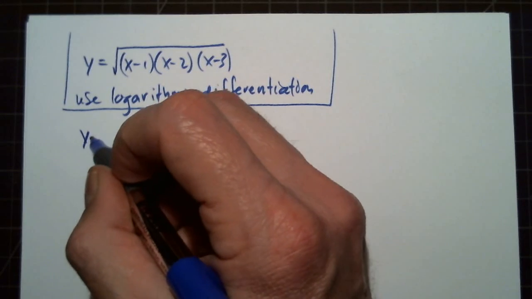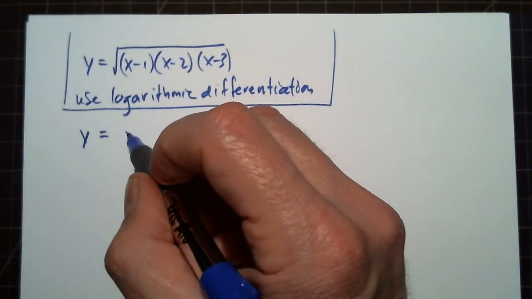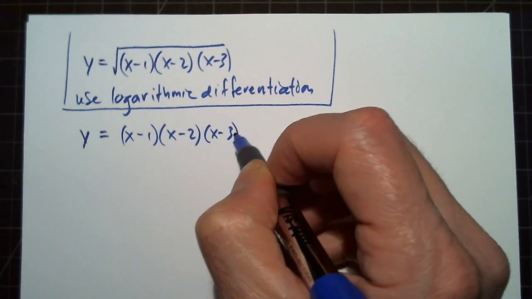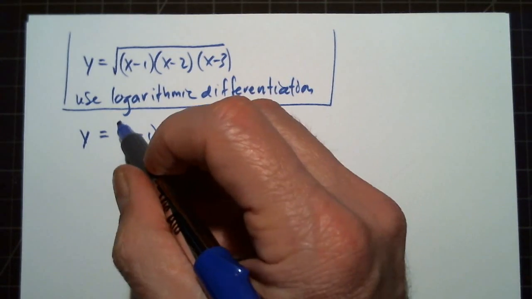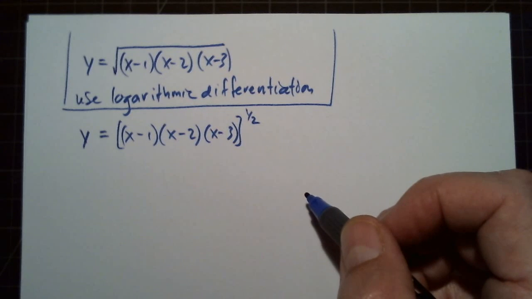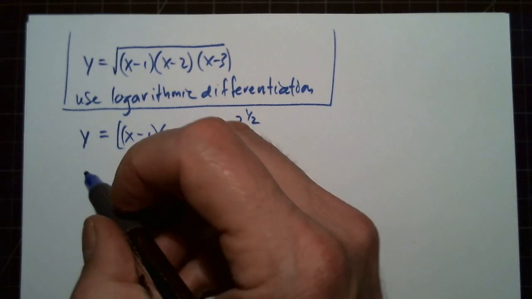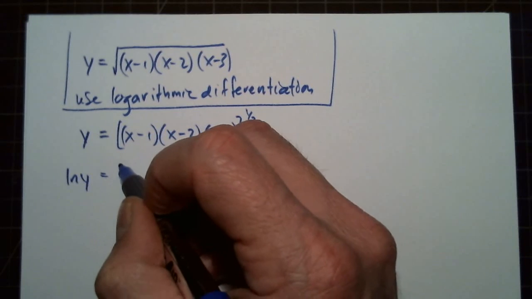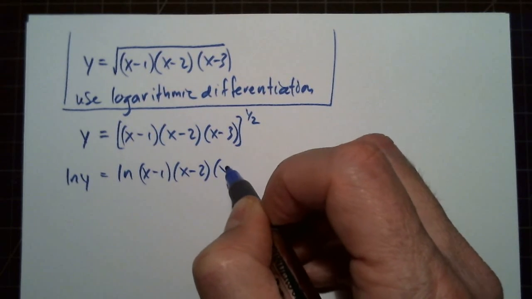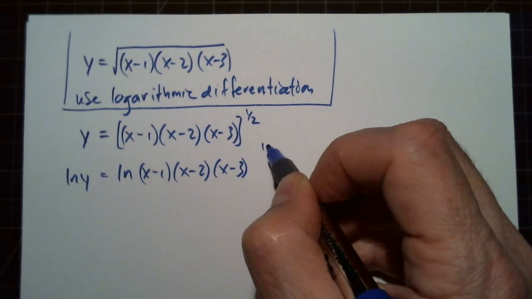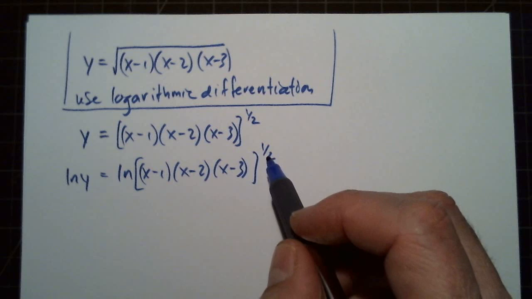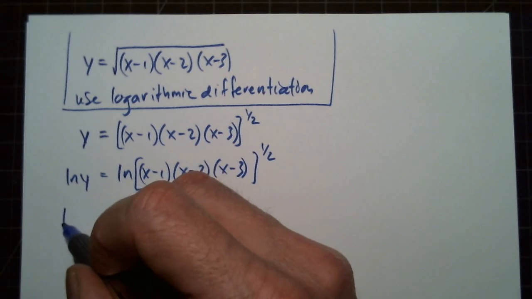So before we begin, let's write it like this. And then we'll find the natural logarithm of both sides. So we go like this. Which now allows us to move the 1/2 out in front.